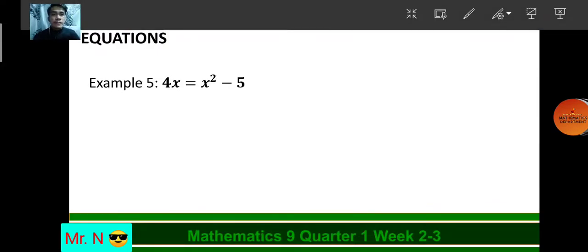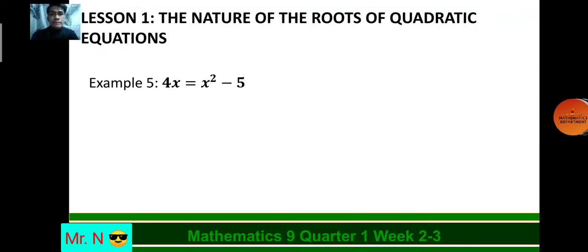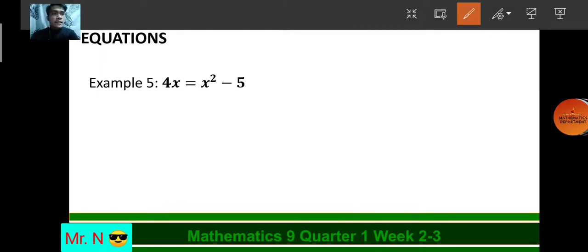So we will have negative x squared plus 4x plus 5 equals to 0.